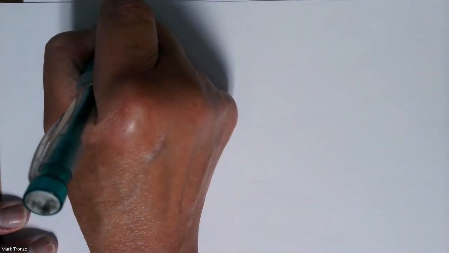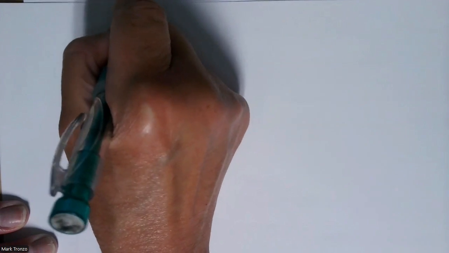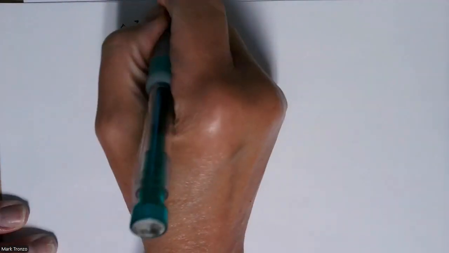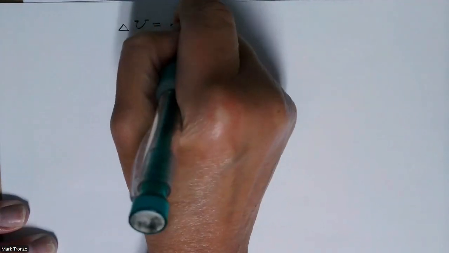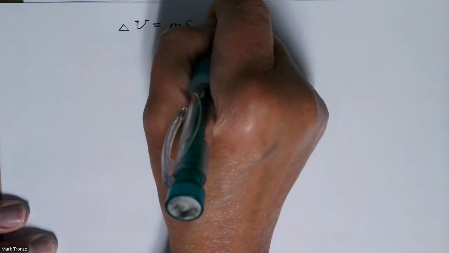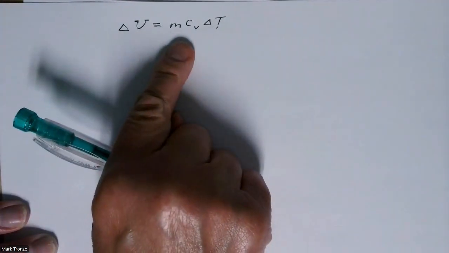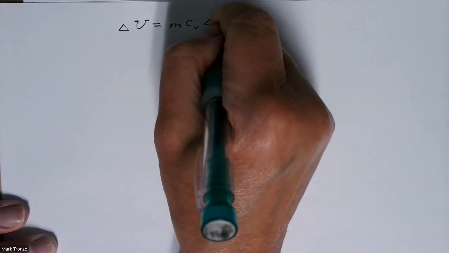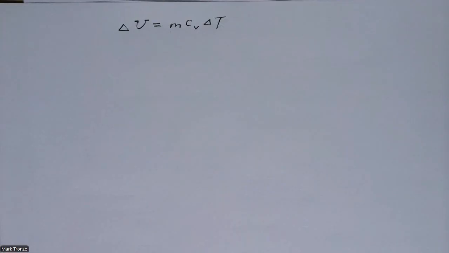And so we're going to be using the change in U. Remember, this is the internal energy, and it's going to be M CV delta T. I put CV here, but for solids and liquids, CP and CV are the same, so you could almost just put a C there if you wanted to. And so that's what we're going to use.